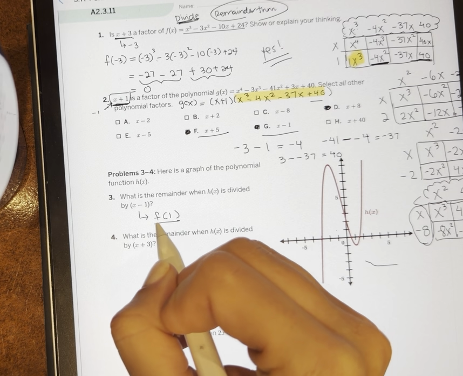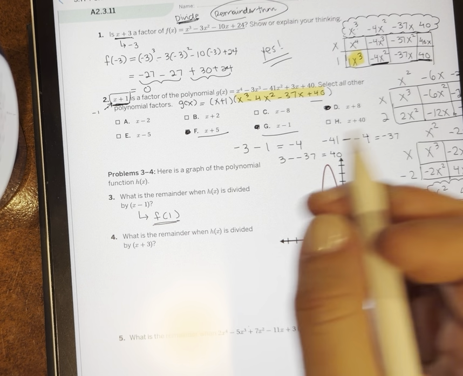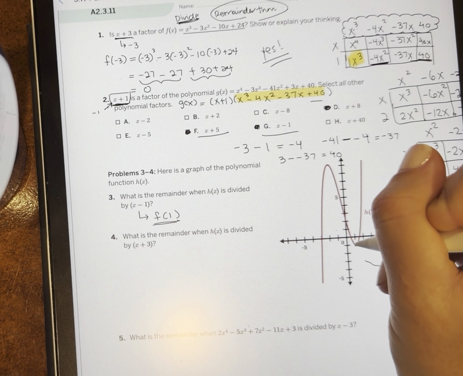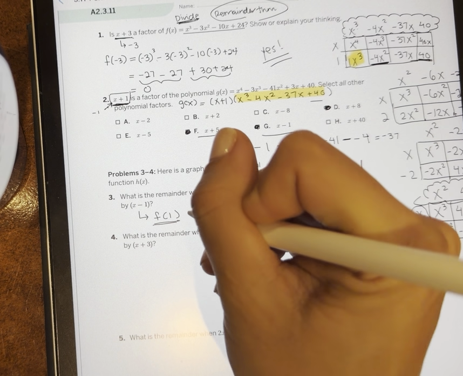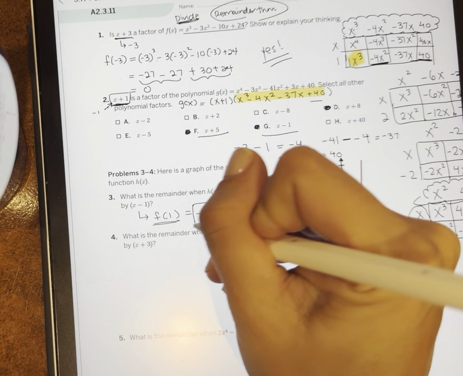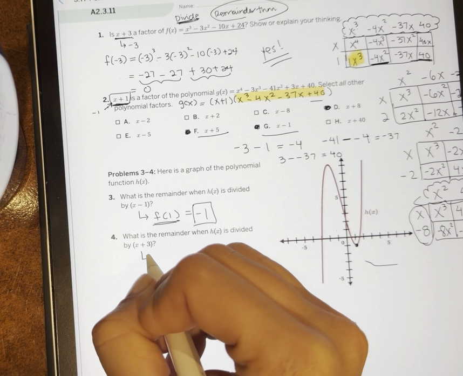Let's see what h of 1 is, meaning let's see what y is when x is 1. So when x is 1, y is right here at negative 1. And according to the remainder theorem, this is what the remainder would be if we divided h of x by x minus 1. Okay? Let's do it again.